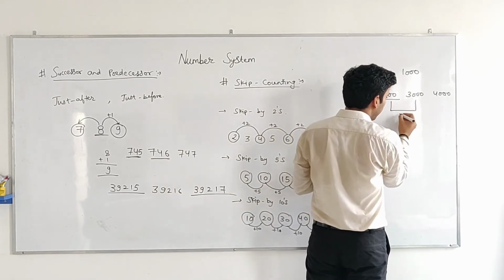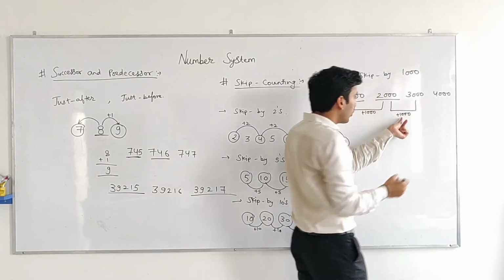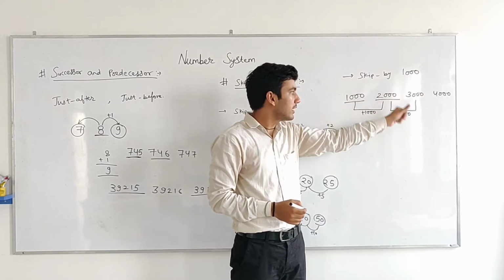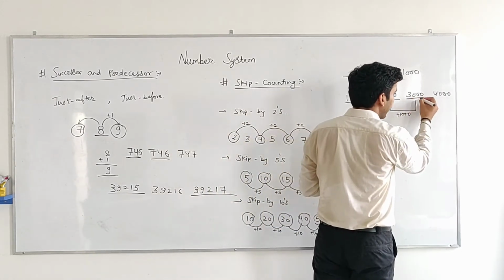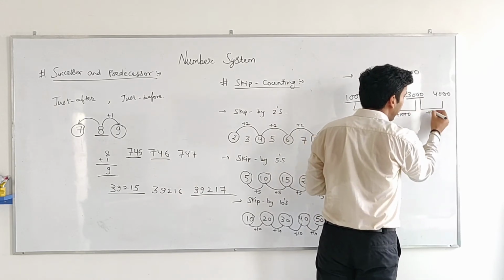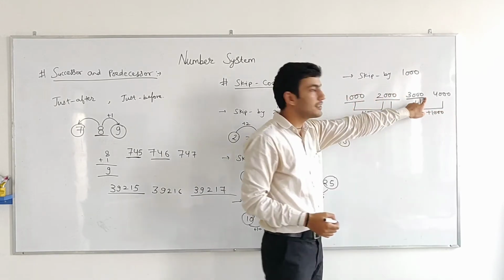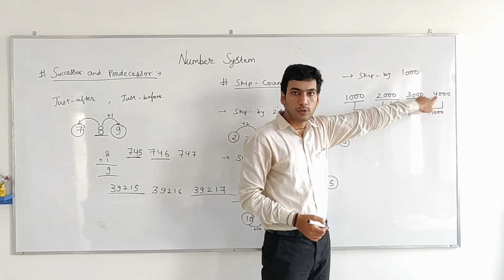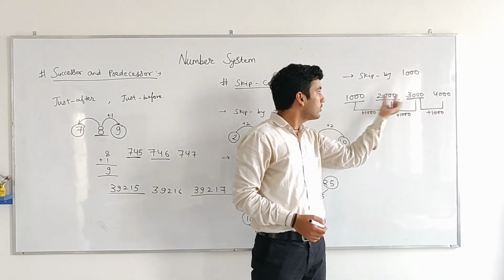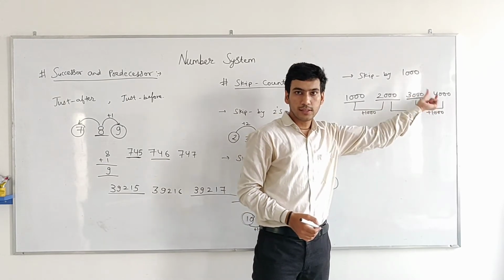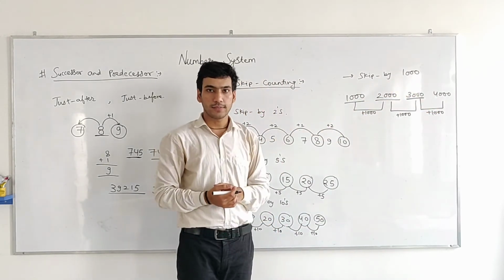Again, we add 1000, so 2000 plus 1000 is 3000. We get the next term. Last, if we add 1000 to this term, we will get 4000. So there is a fixed gap of 1000 between these numbers. Okay, students? So this is your skip counting.